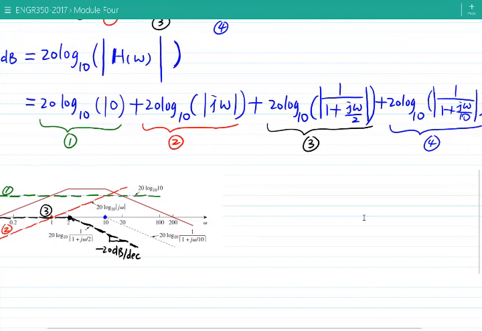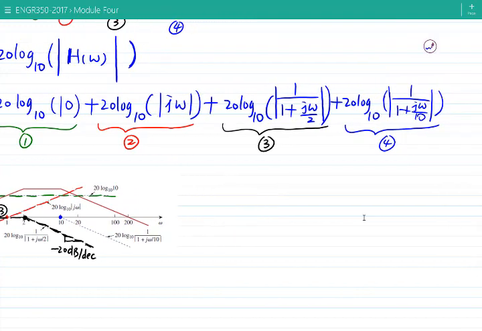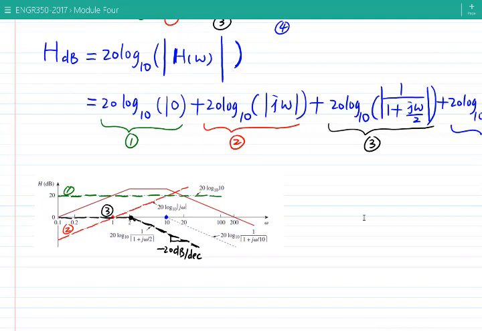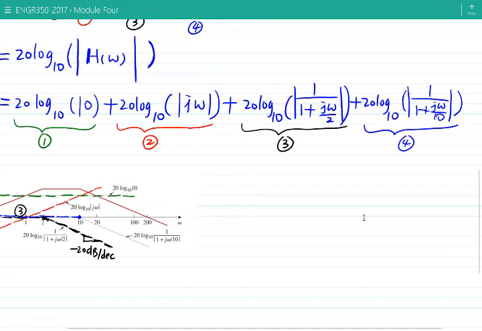And so the first asymptotic line is 0 dB when frequency is really low. Okay, so the second asymptotic line for this first order pole is a linear line with a slope of minus 20 dB per decade.